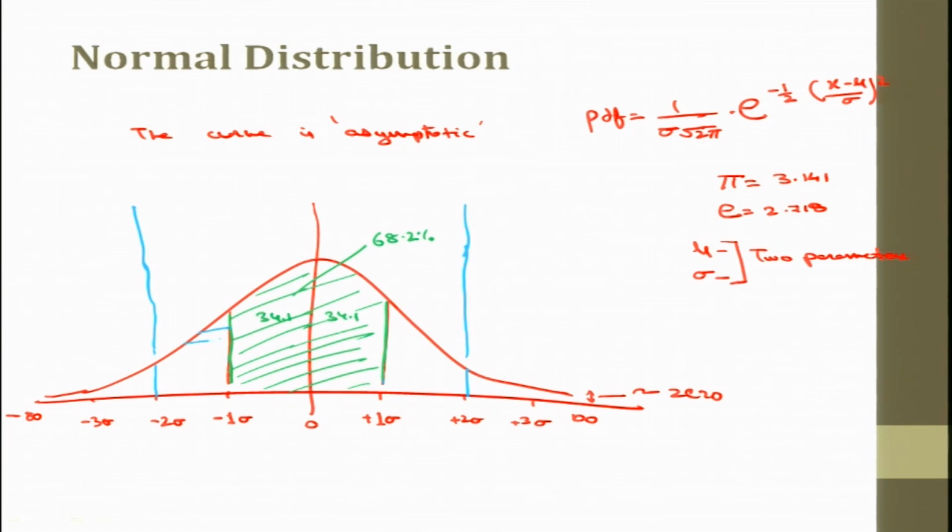If I color this total area, this is actually 13.6 here and 13.6 here, which adds to this 68.2. It is actually 95%, and within 3 sigma we have 99.7% of area.